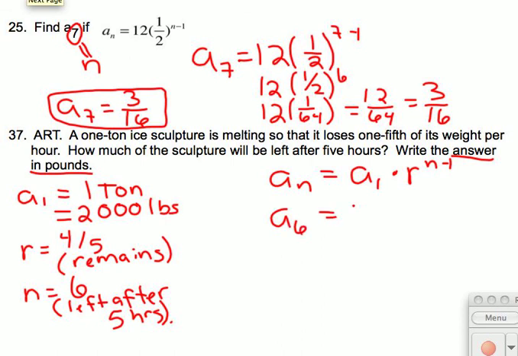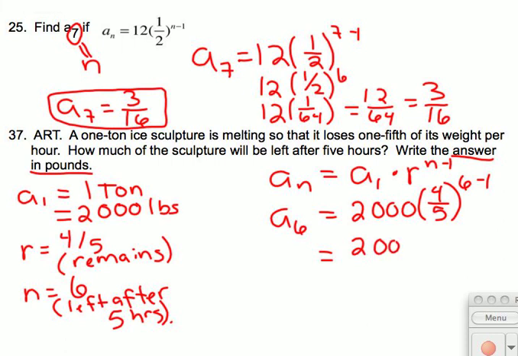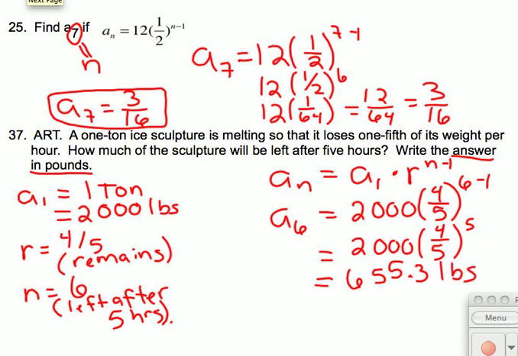My term 1 is 2,000, my r is 4/5, and my n is 6, minus the 1. Substituting it in, I'm going to take 2,000, multiply by the 4/5 to the 5th power, and when I simplify, I come up with 655.3 pounds remaining.